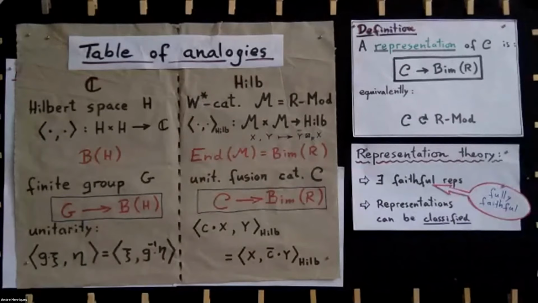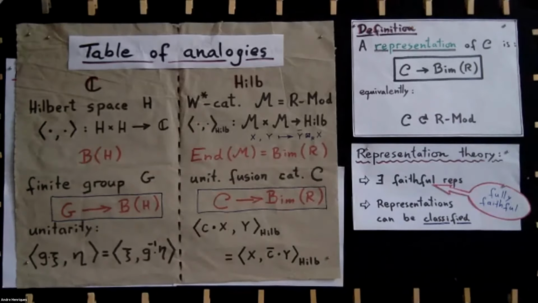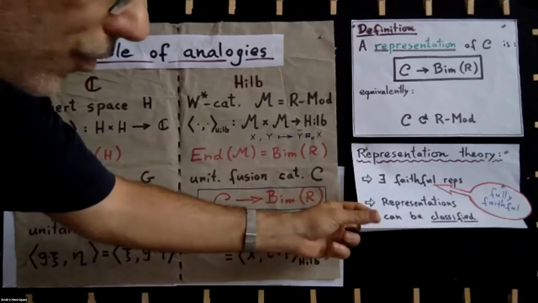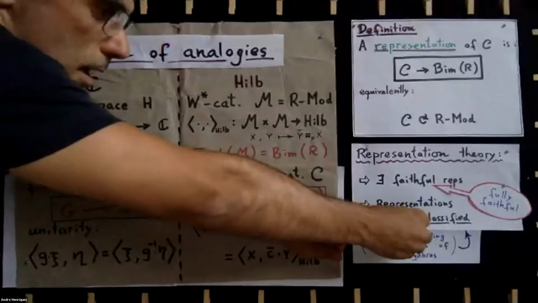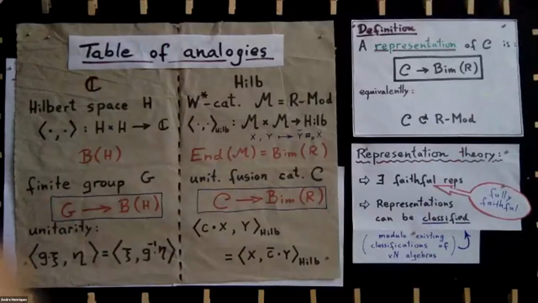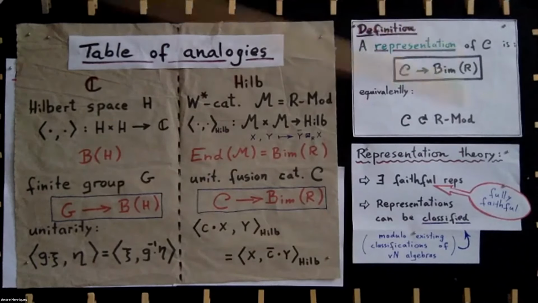And then the next thing that you want is for representations to be classifiable in some sense. This should be taken with a grain of salt. Not everything can be classified in representation theory, but there should be a feeling that I've managed to classify things to quite an extent. But this is, of course, relative to classification of von Neumann algebras, because after all, there's a von Neumann algebra here.